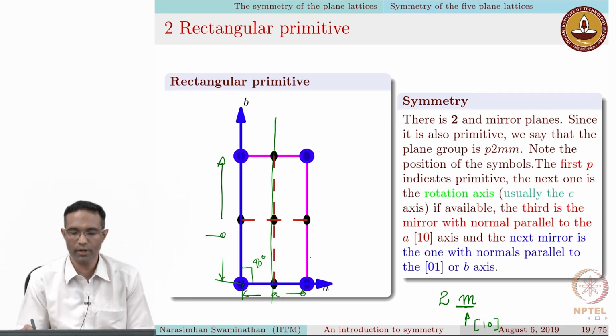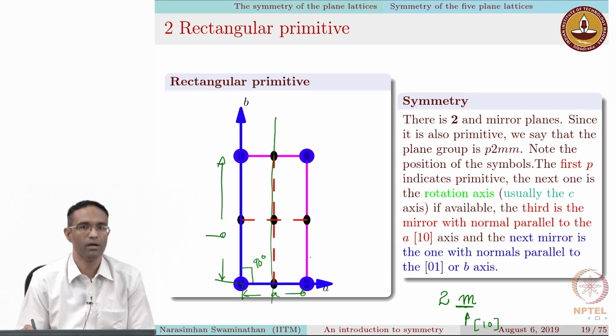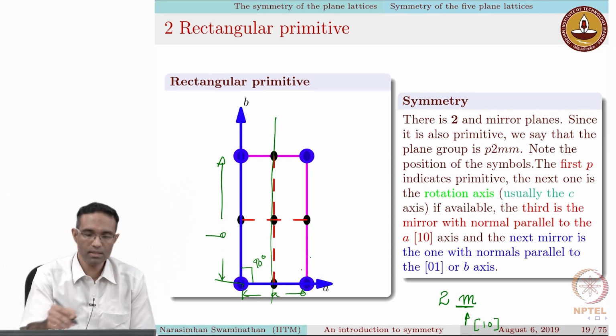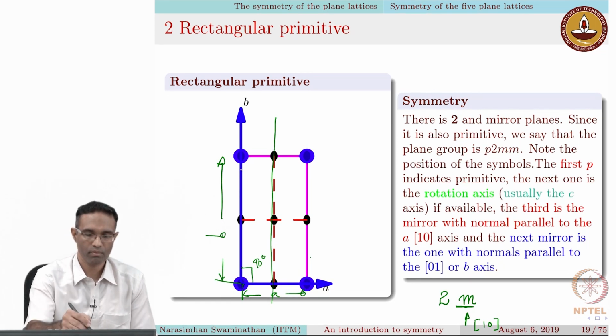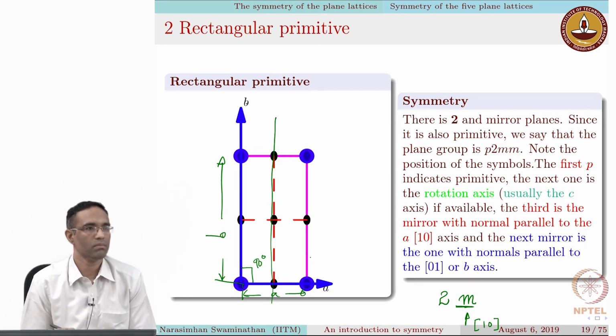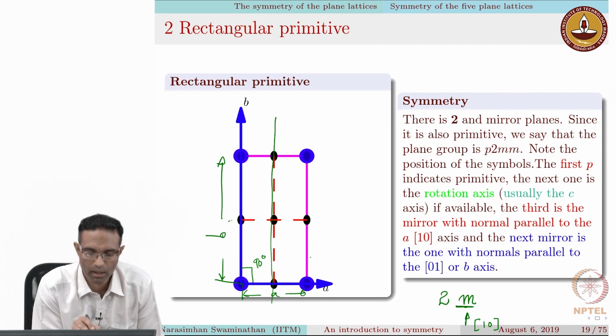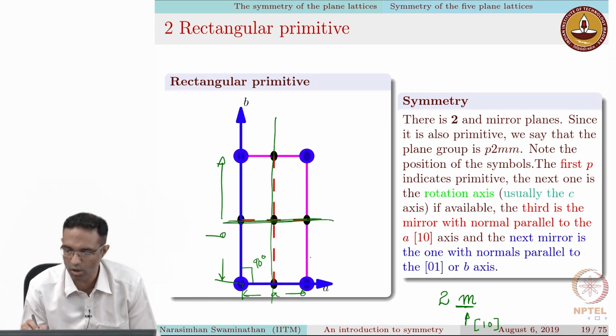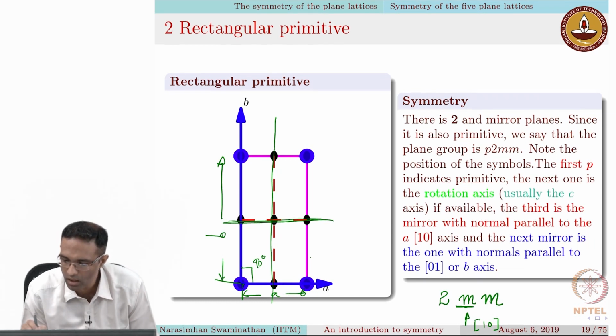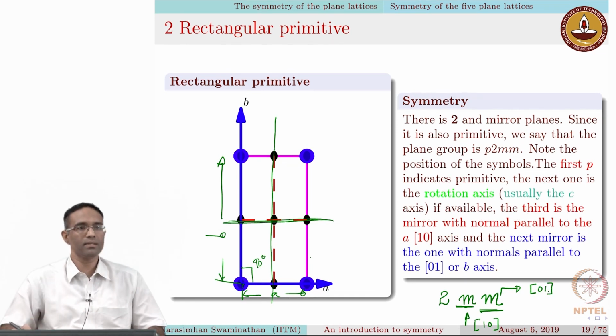That is referring to the normal of the mirror. Now there is another non-equivalent direction in this case, which is the B, right? There is also a mirror perpendicular to the B axis, or with the B axis as its normal. So there is also another mirror, and this refers to the next non-equivalent axis or non-equivalent direction, to be precise.